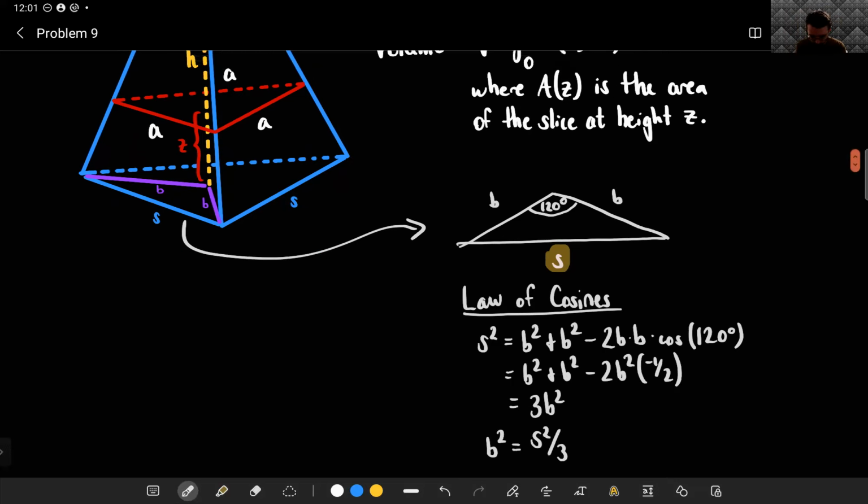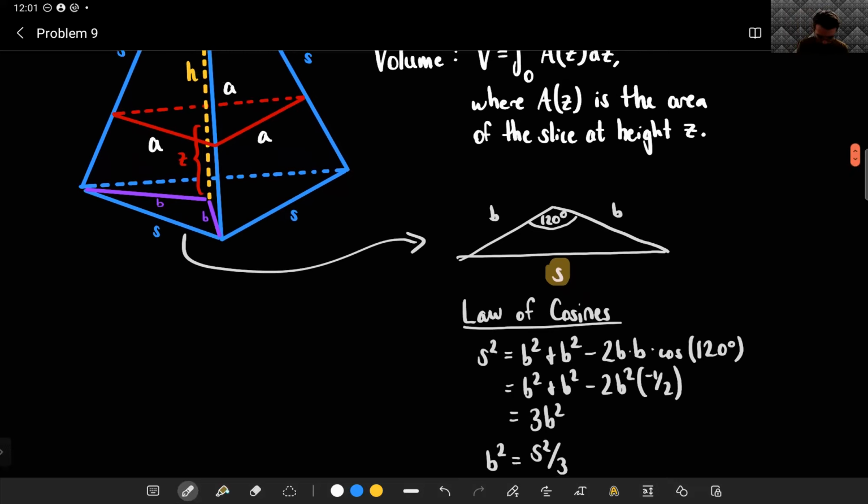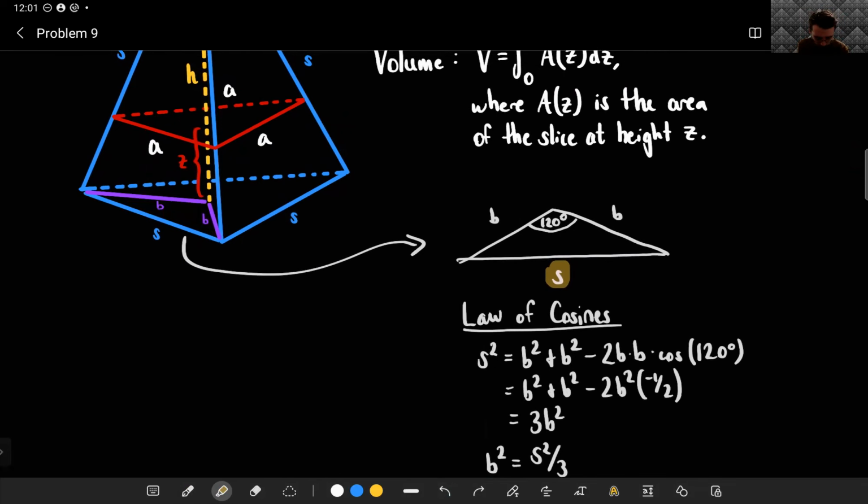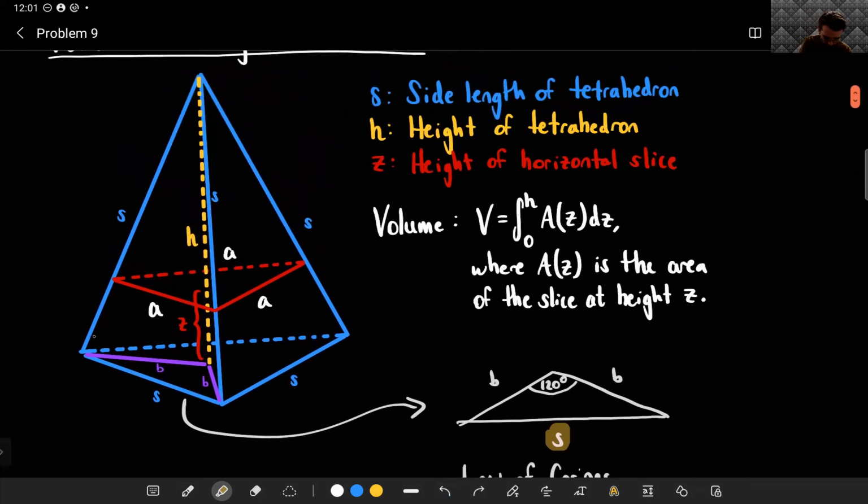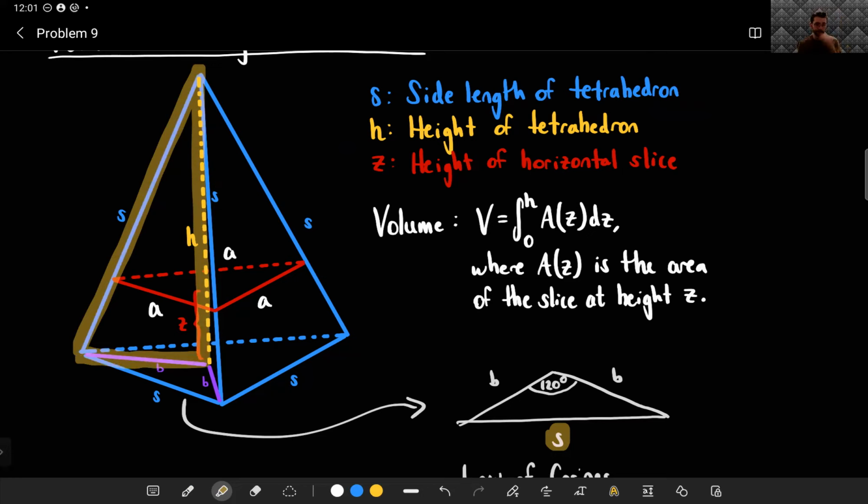I said the first step to finding a formula for the height h was finding a formula for B, so I've done that. How am I going to connect this to the height of the tetrahedron? Well, you stare at it for a second and you think, okay, height here, base here, and then the side length, that actually forms a right triangle.